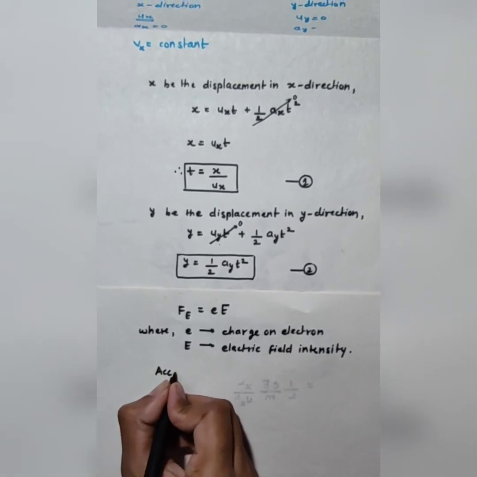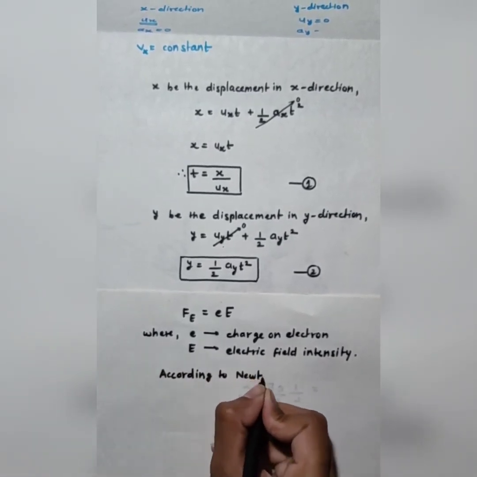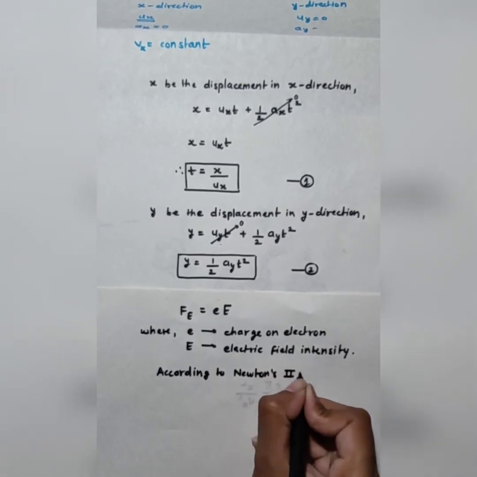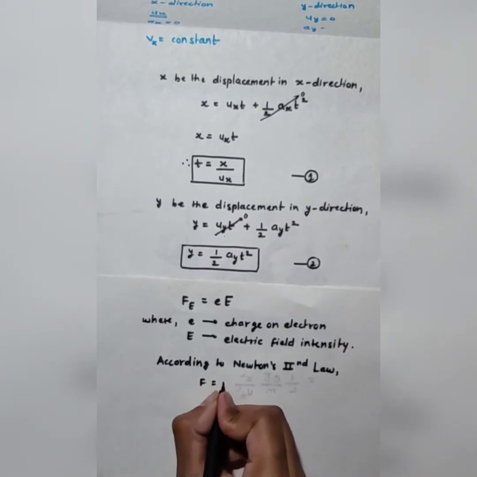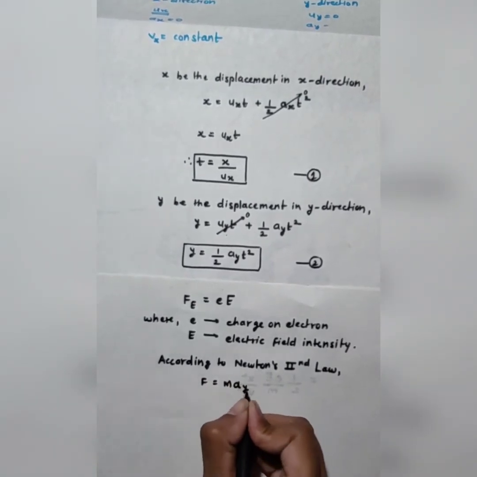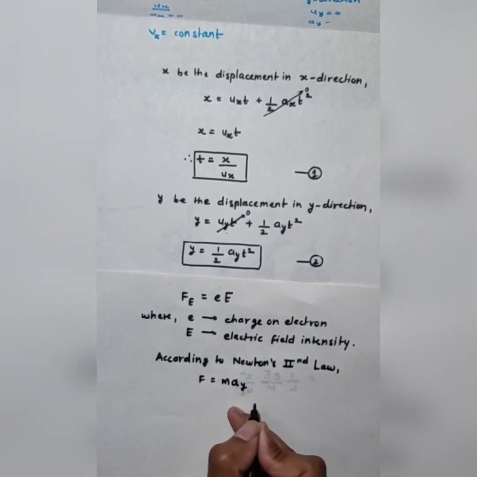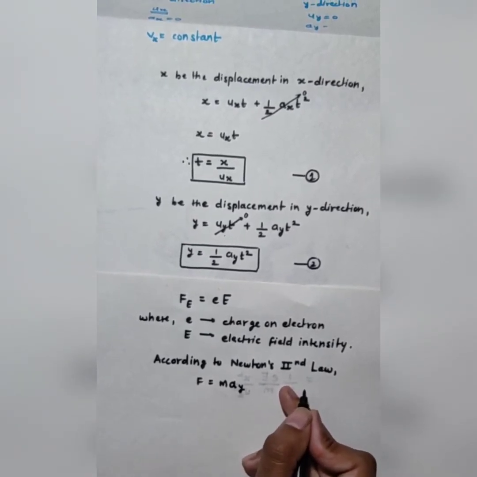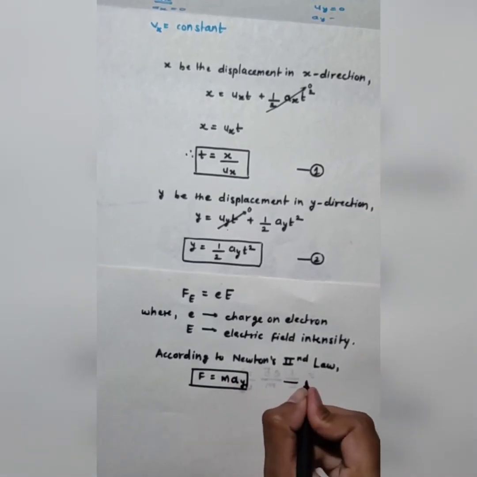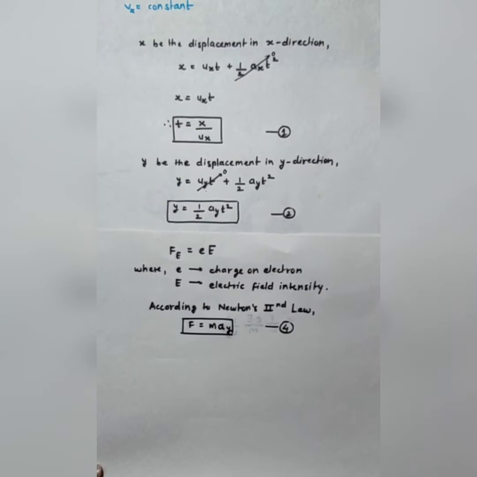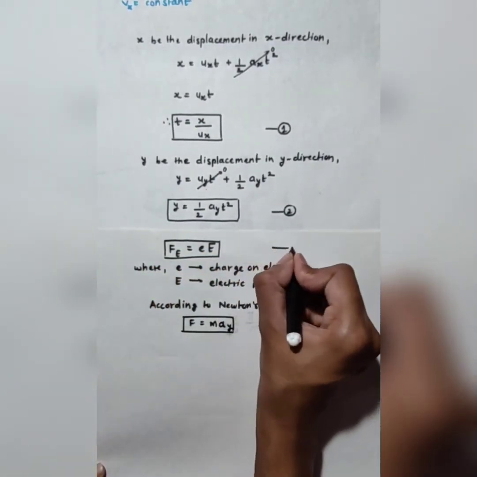According to Newton's second law, we can write force equals mass into acceleration in y direction. Here we take acceleration in y direction, as we know that motion of electron takes place only in y direction. Let's call it equation number 4.